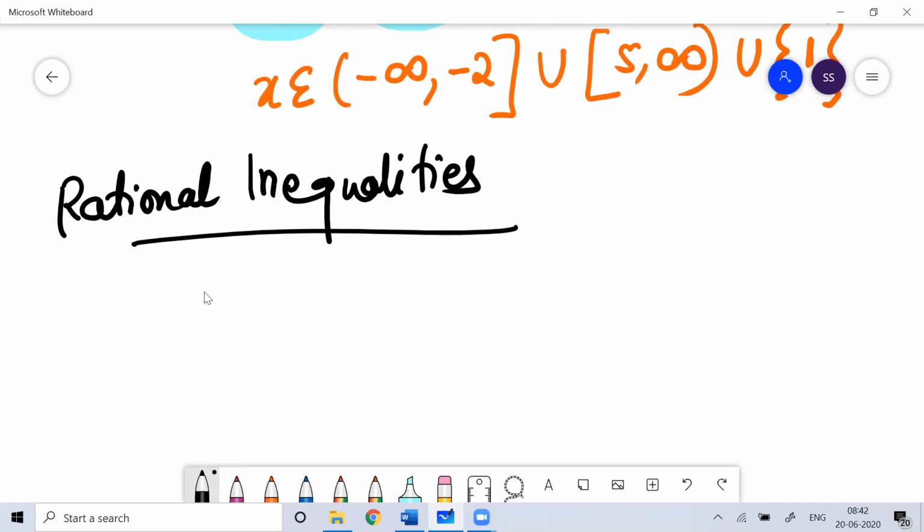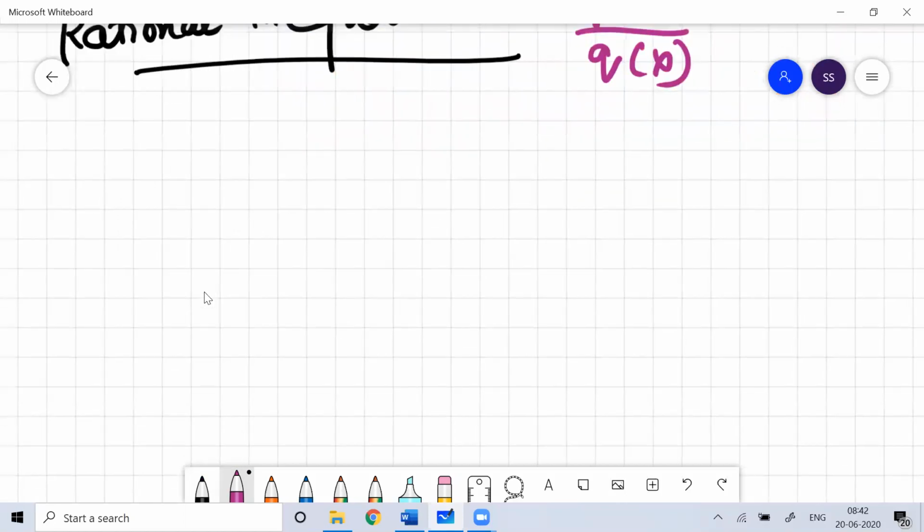When we did a polynomial inequality, the equation was in the form of a linear, quadratic or cubic equation. In a rational inequality, my equation will be in numerator-denominator form, the p(x) by q(x) form, and it would be represented with some inequality.